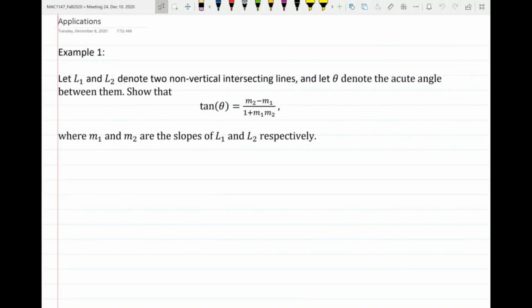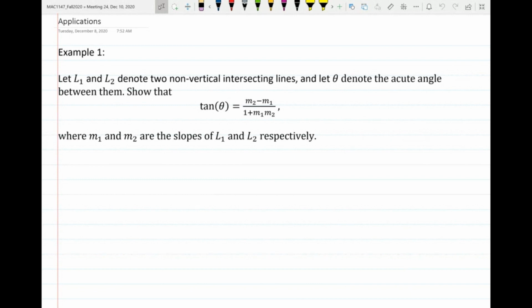Suppose that you have two lines, so let L1 and L2 denote two non-vertical intersecting lines. So these are two lines that are not vertical, so they don't make a 90-degree angle with the x-axis, and they cross at some point. Let's suppose that theta is the acute angle between them.